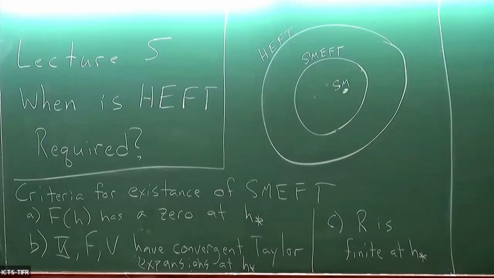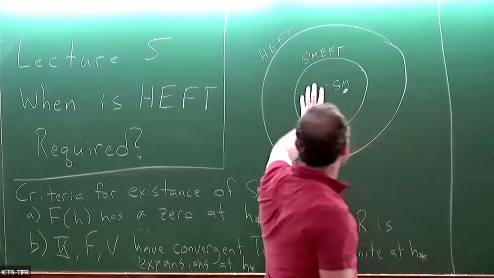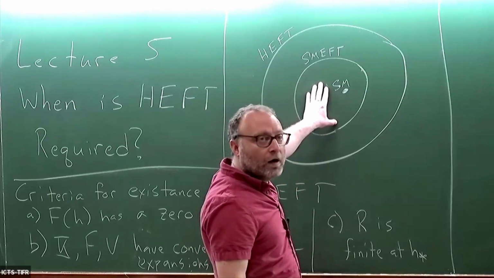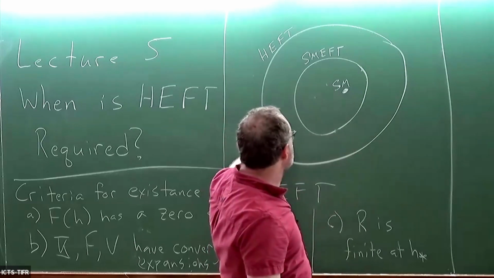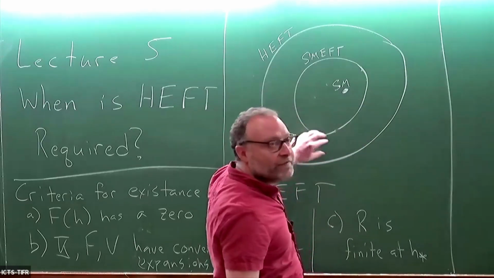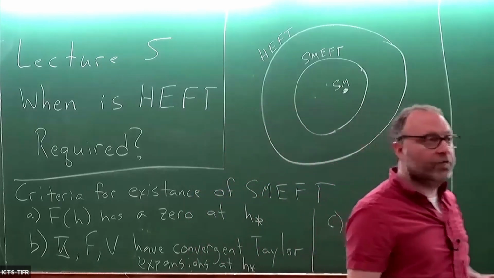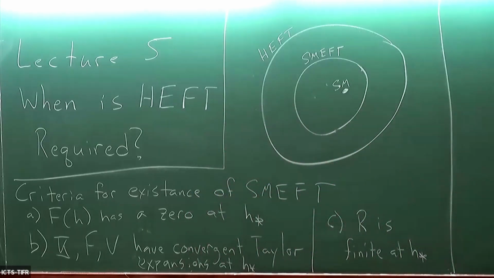Of course, nothing stops you from matching in terms of little h, it's just technically harder. So there's lots of reasons why SMEFT, the theories that live here, are the ones that are more studied. But it leaves this question, well, what lives here? Is there anything interesting? Are we missing anything in particular if we are just focusing our attention on SMEFT?